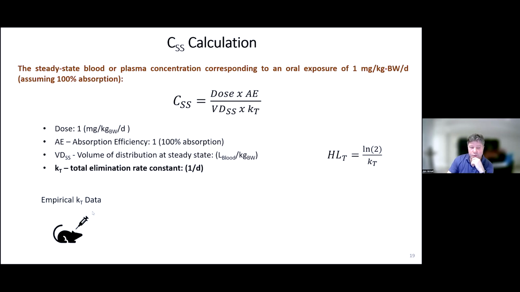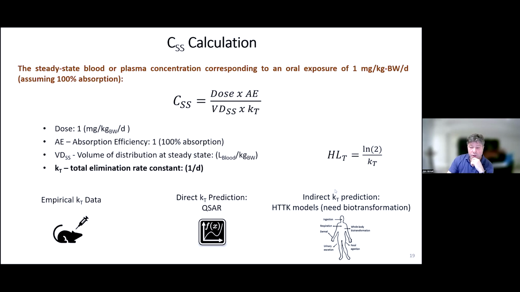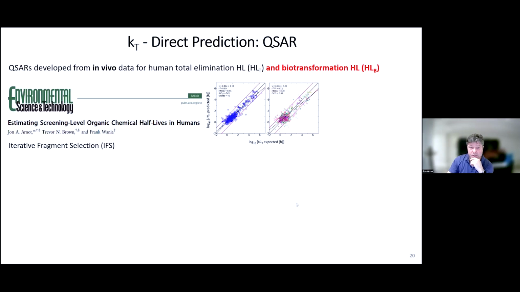You can obtain this through measured in vivo experimental studies. You can get it from predictions like QSARs, I'll show you in a second, or you can get predictions of biotransformation from hepatocytes or from other sources and parameterized TBK models to characterize then terminal elimination half-lives.